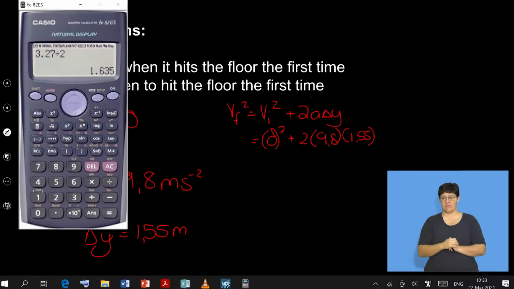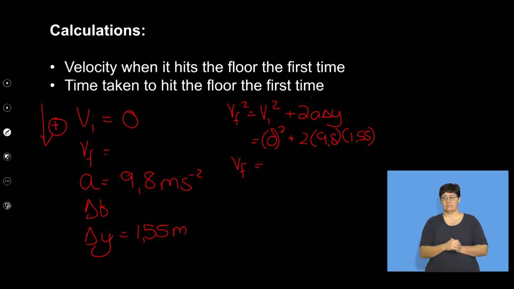Absolutely need my calculator. The 0 we don't need to worry about. So we have 2 times 9.8 times 1.55. That gives me 30.38, but I'm going to need to square root it. So now I'm going to take the square root of that answer, and we get 5.51. That's what I'm going to use. So my final velocity is 5.51 meters per second down.